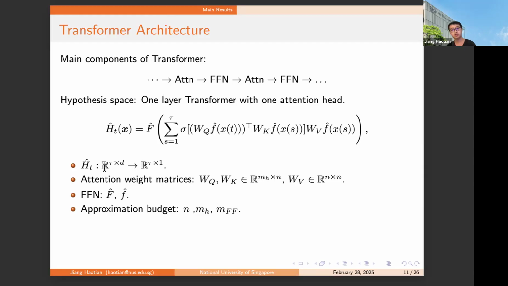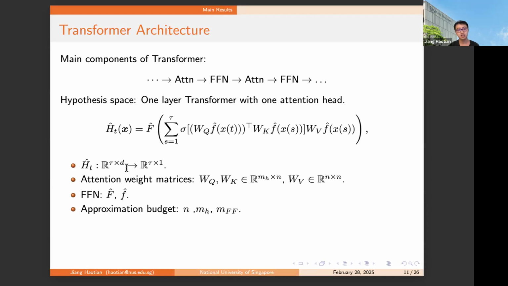H_t here maps from the input sequence, where tau is the length of the sequence. Because the transformer is applied on finite length sequences, we assume the finite length is written as tau. So the input sequence can be considered as a tau by D matrix.